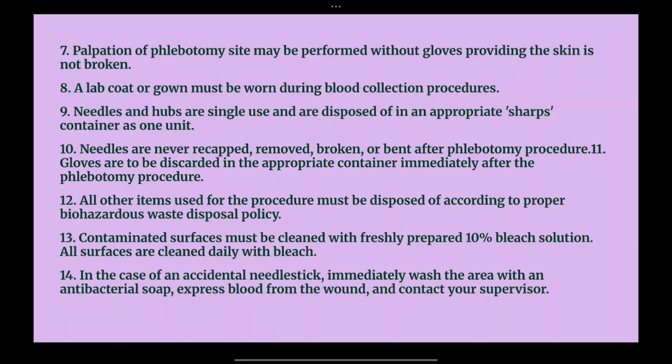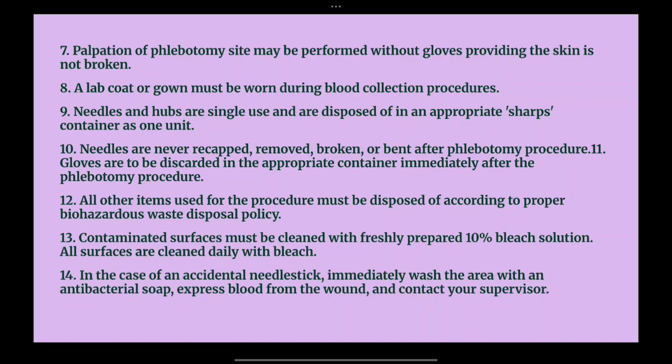In case of an accidental needle stick injury, immediately wash the area with antibacterial soap, express blood from the wound and contact your supervisor. So if you accidentally injure your finger or your hand with the patient's infected blood syringes or needles, you're supposed to immediately wash that area with antibacterial soap.